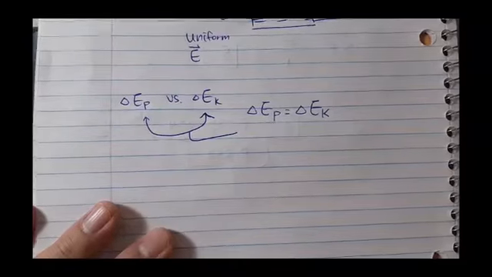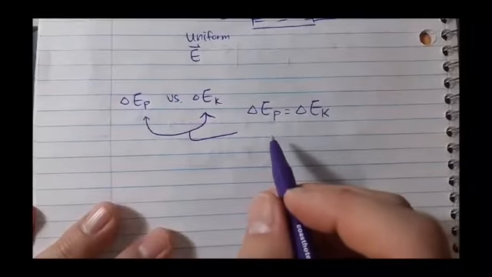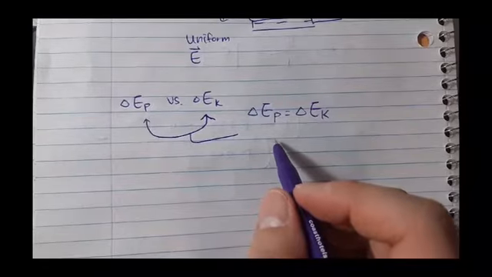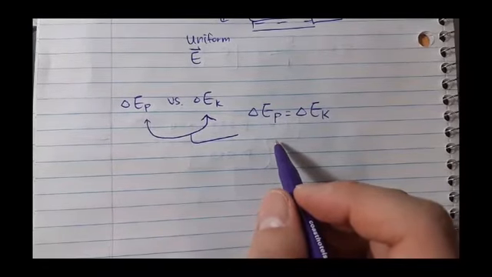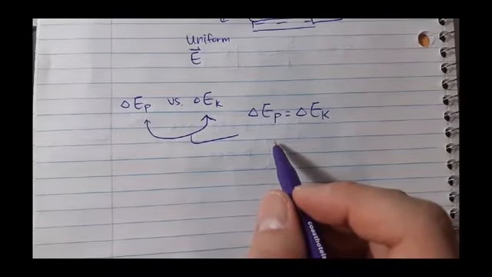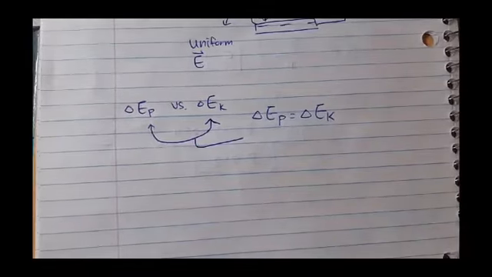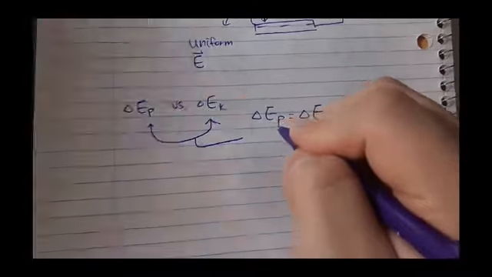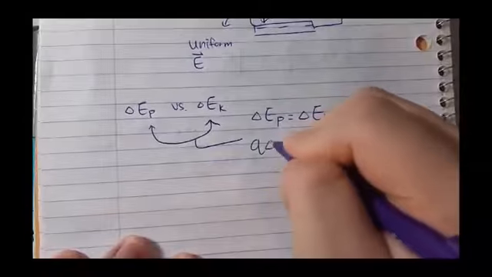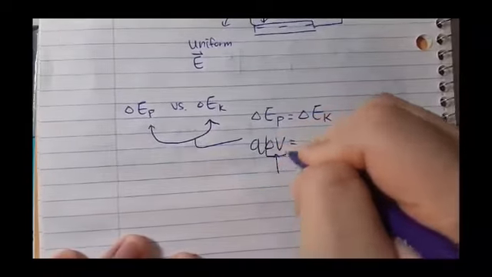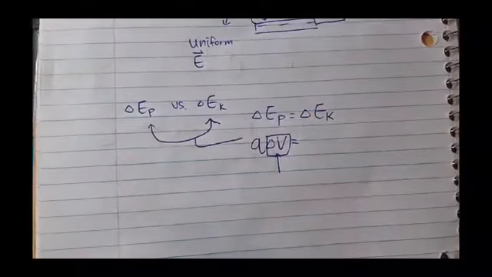Now my question is this: what's the relationship between those? There are several relationships, however the one thing that I want to emphasize all the time is this Q delta V, that potential difference.